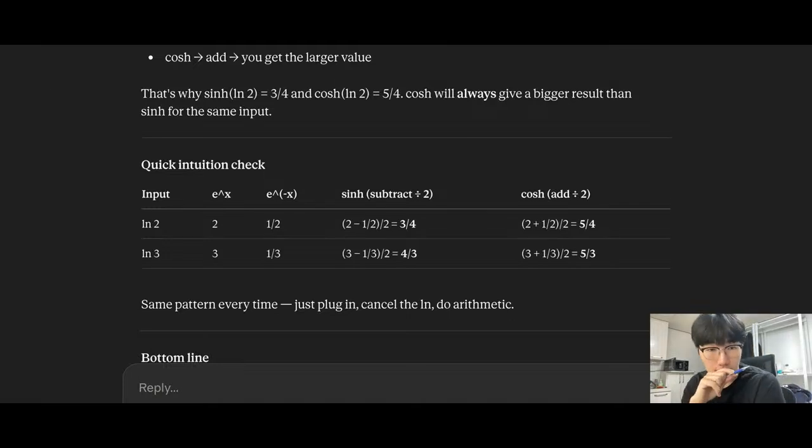I don't get it. So 3 minus 1/3, divided by 2, which gives you what?